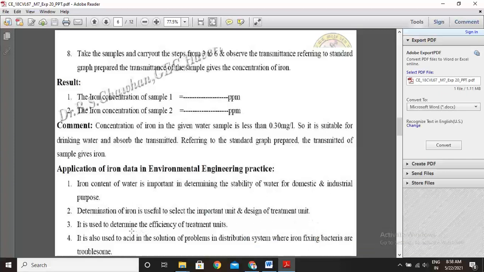Next application, it is used to determine the efficiency of treatment units. It is also used to assist in the solution of problems in distribution systems where iron fixing bacteria are troublesome. So these are the applications of this experiment.